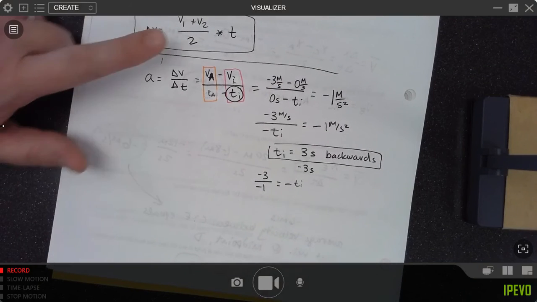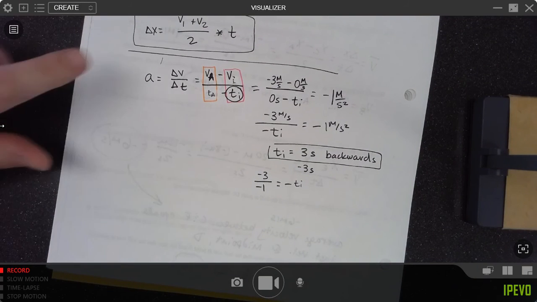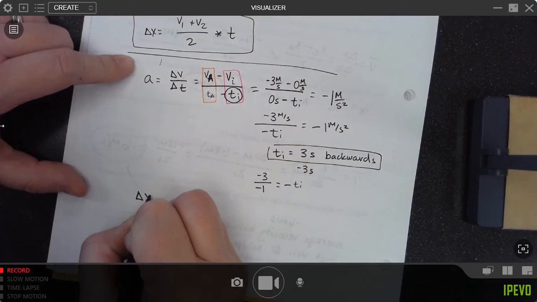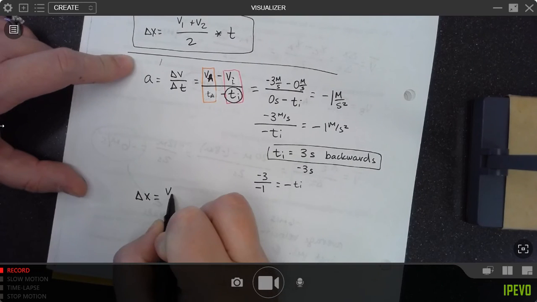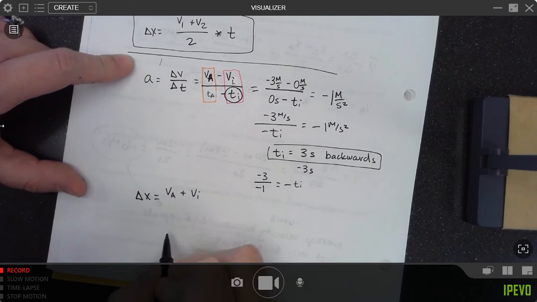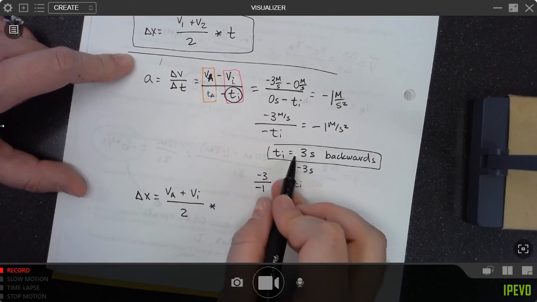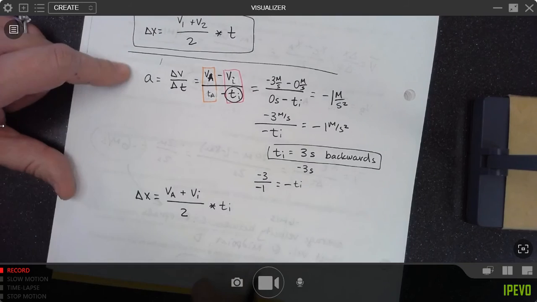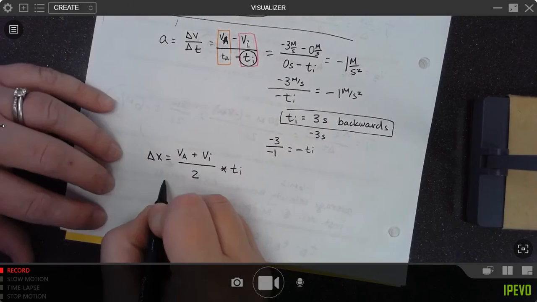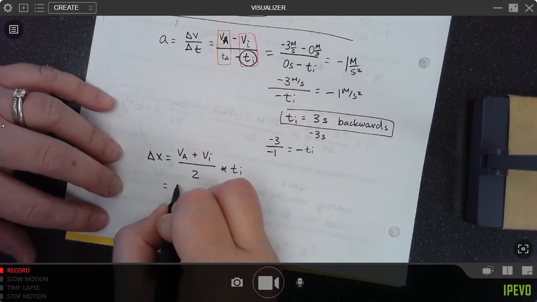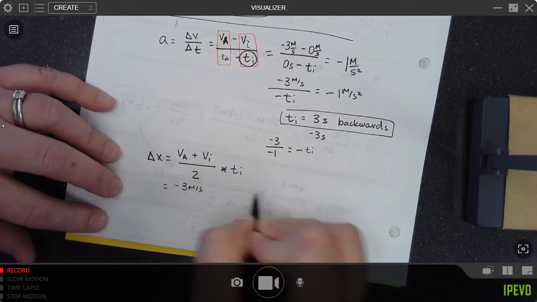We're back to our two velocities problem, right? So if our position is equal to our velocity at A plus our velocity at the initial position divided by 2 times the time, we know that the velocity at A is minus 3 meters per second.